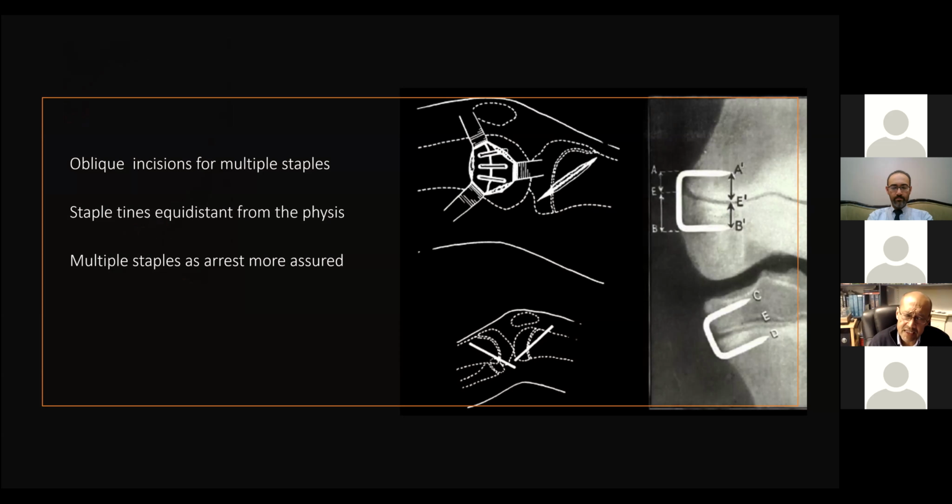These were originally stainless steel and later became Vitallium, another alloy, because he found that they were more resistant to breakage. The reason for using multiple staples was so that you could be sure there was an effect on growth on that side of the physis.